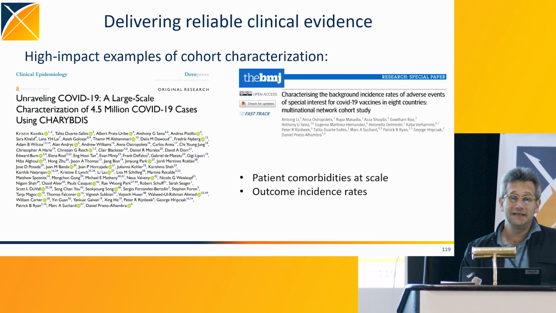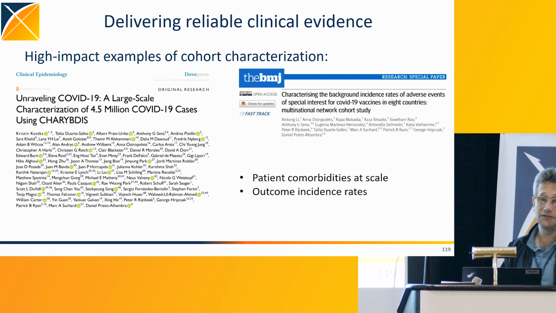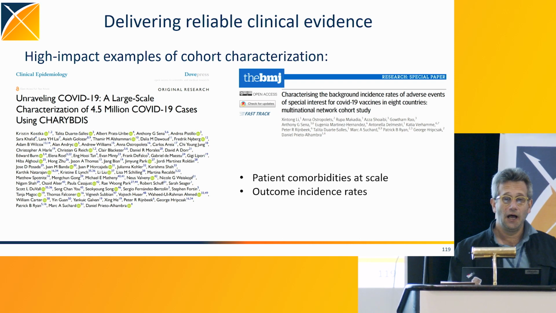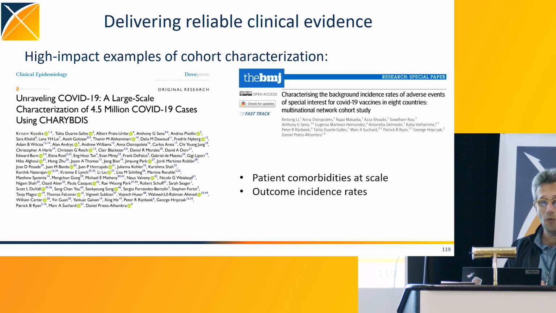Other more recent examples of delivering reliable and useful clinical evidence in terms of characterization come back just a couple of years. The first is looking at almost 5 million individuals who have been newly diagnosed with COVID and asking what are their different comorbidities to be the first global characterization of the SARS-CoV-2 infected populations.